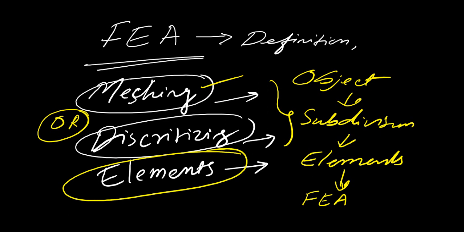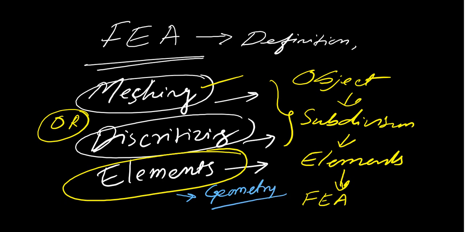Now this is very important to understand: what are elements, and what are the factors that decide how we select the elements? Mainly, the different elements will be selected based upon the geometry.